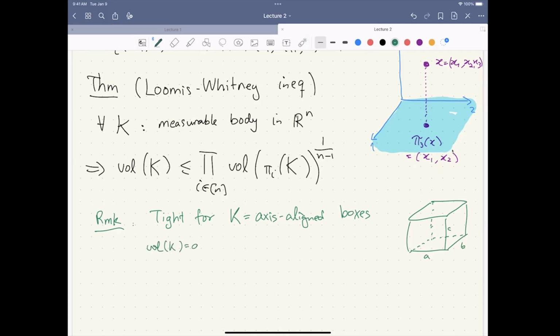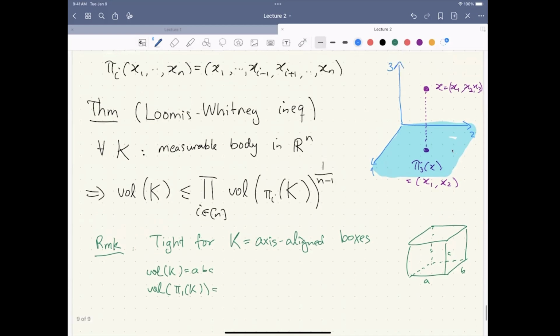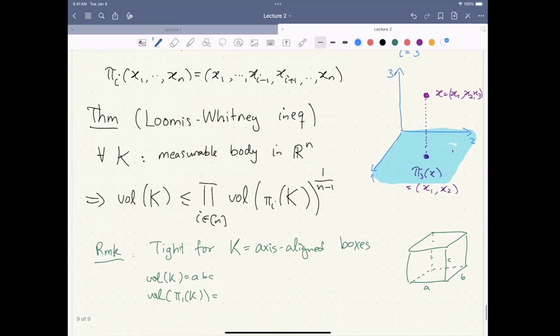Volume of K is ABC, the product of 3 lengths. The volume of pi_1 of K is what? pi_1 of K is x_1 equal to 0, so it's here.